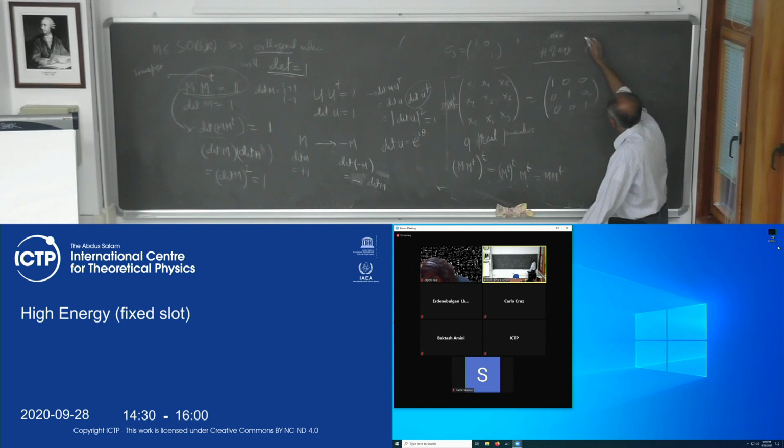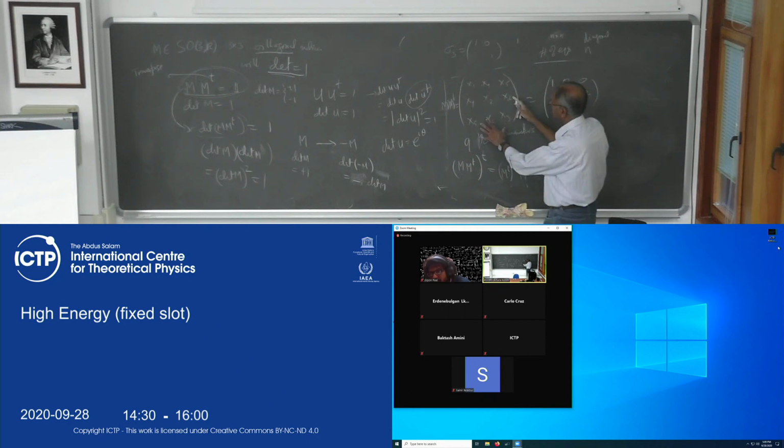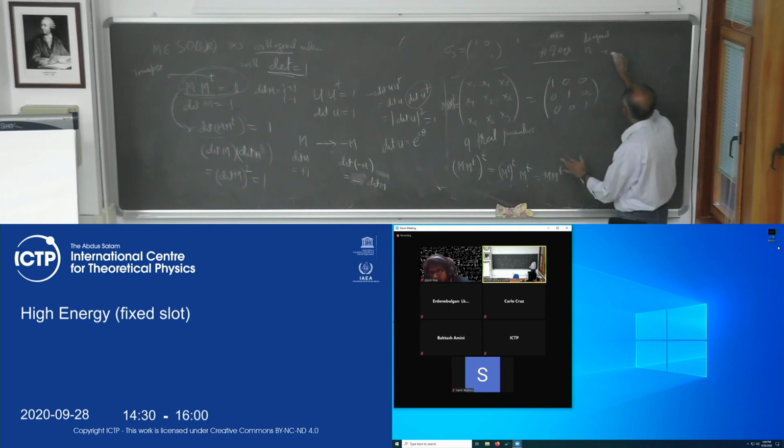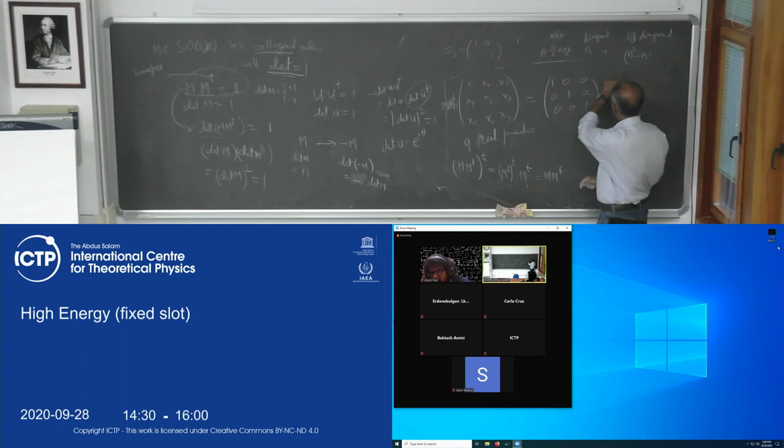So you get n, coming from the diagonal. Now the off-diagonal ones: the total number of elements is n squared, I remove the diagonal, and so it is n squared minus n.